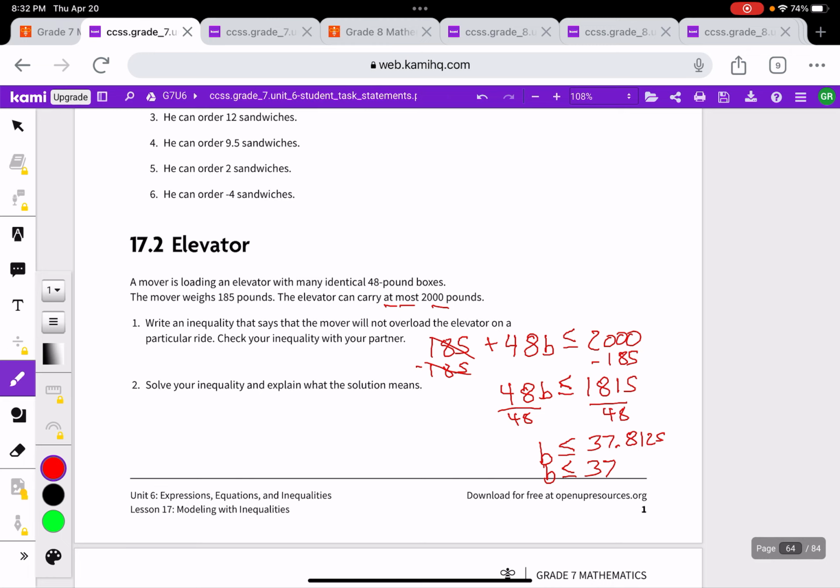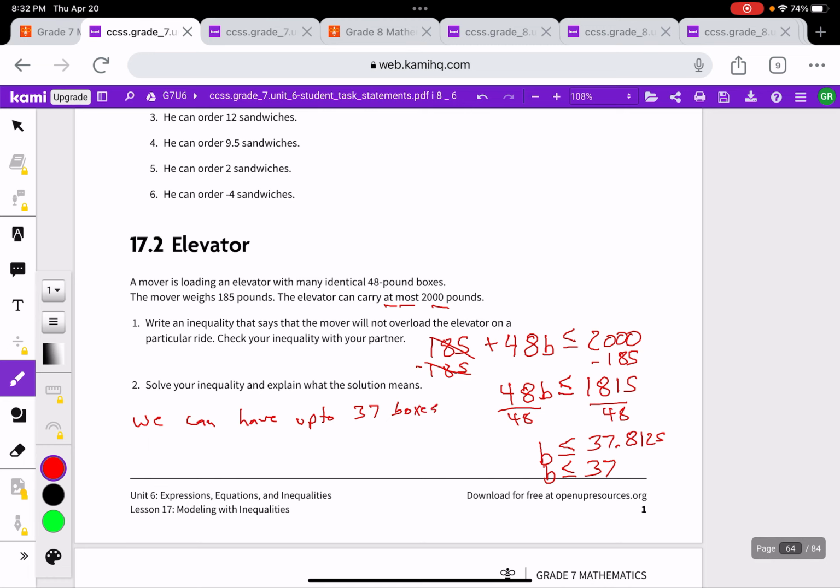It'll leave us slightly below, but to do it exact, that means we have a fraction of a box, and that's just not going to happen. So it says, explain what this means. It means we can have up to 37 boxes. It's not like we have to.